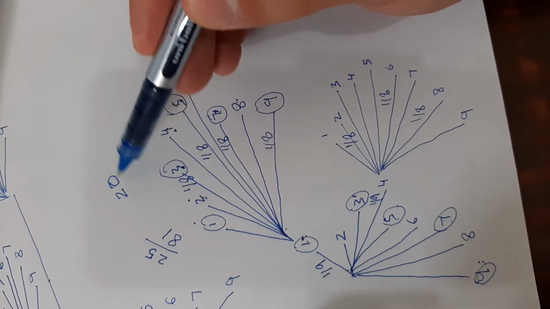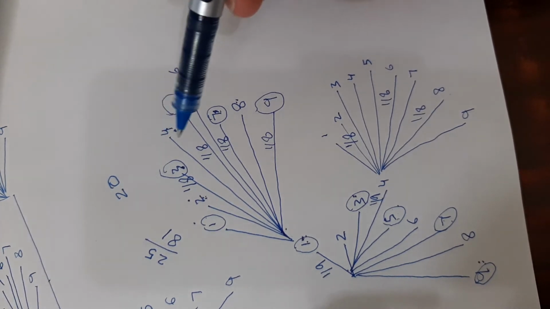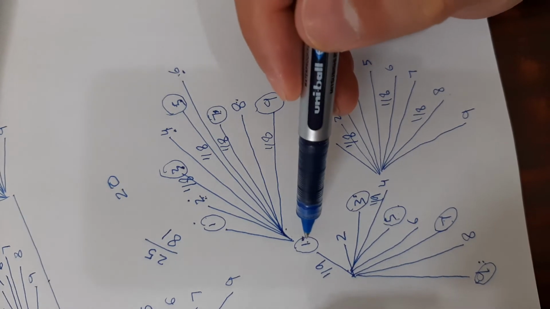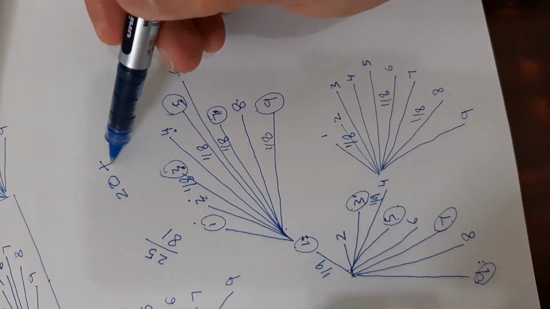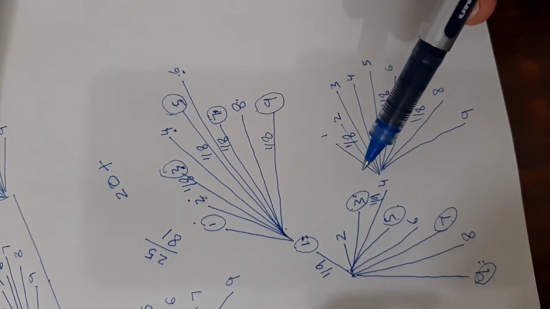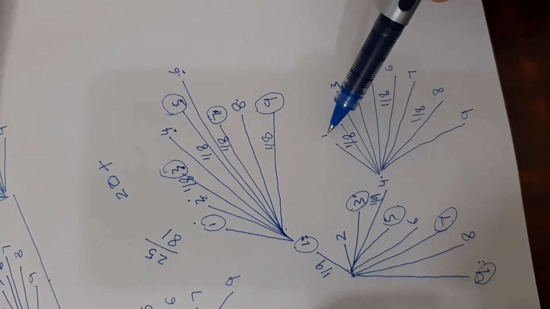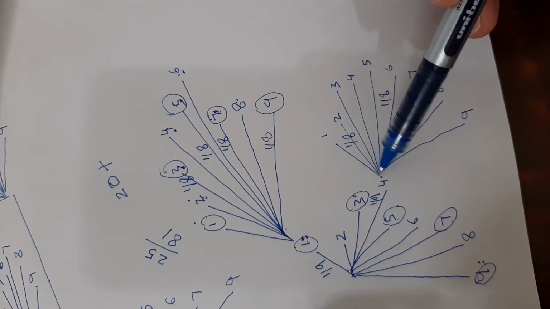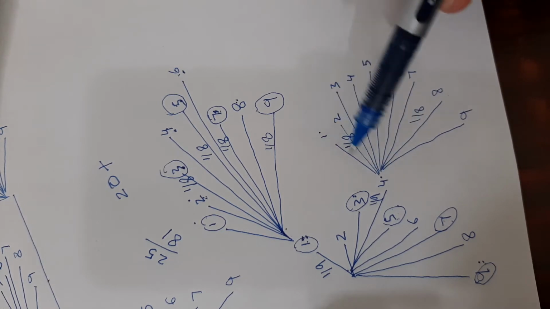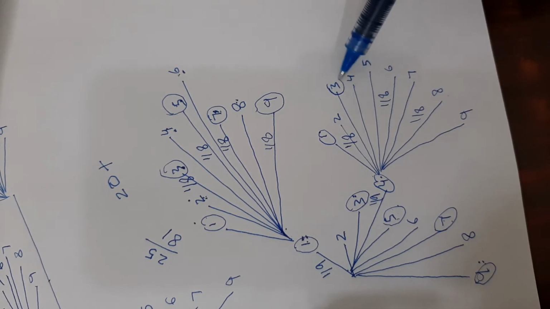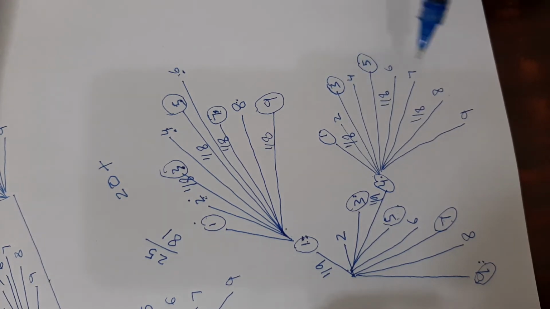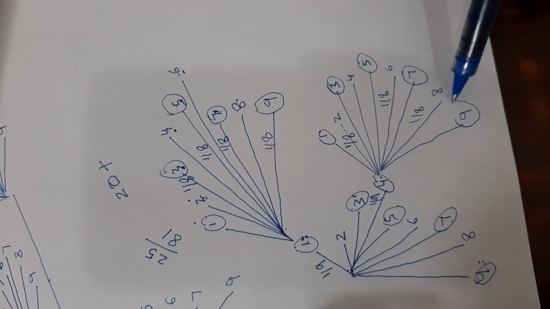So 20 outcomes from the case when the first number is odd, plus how many outcomes will there be when the first number is even and the second is odd. This is the first outcome, first number even, second odd. This is the second outcome, third, fourth, fifth.